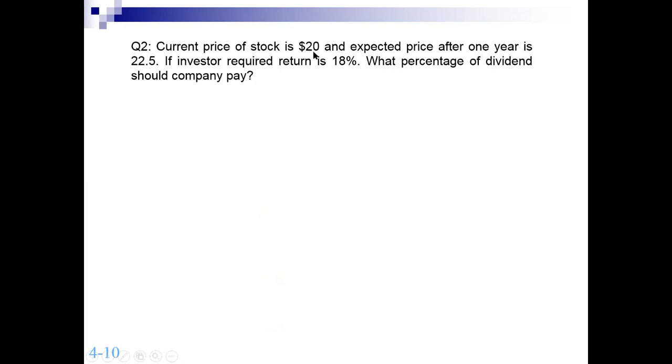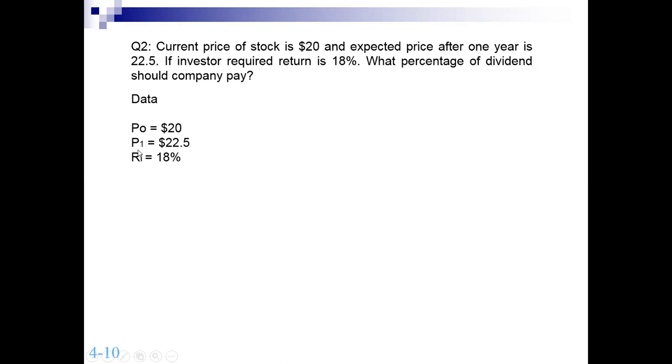One price is 20, another price is 22.5, so naturally we need different symbols. If we keep this as the current price, then this price would be taken as the year-end price. P naught will be used for the current price and P1 will be used for the price after 1 year.